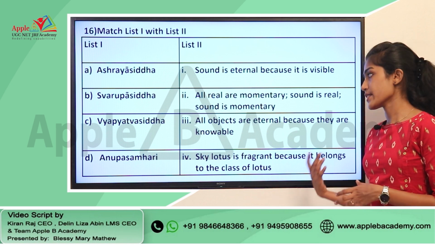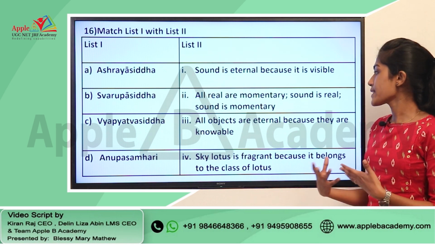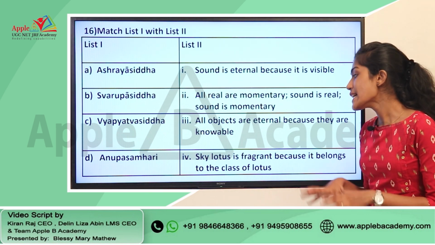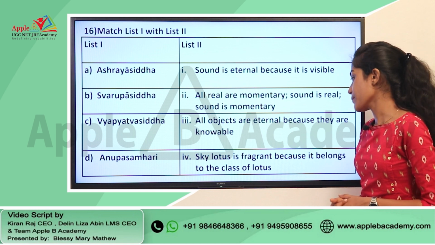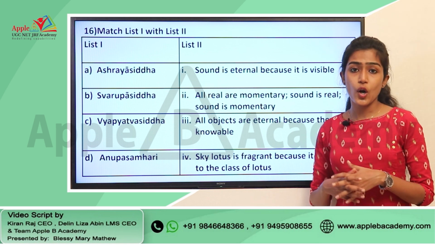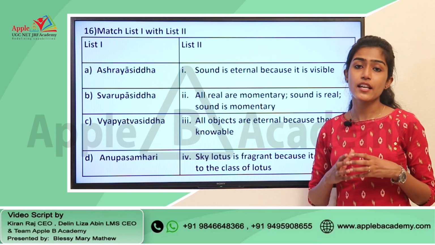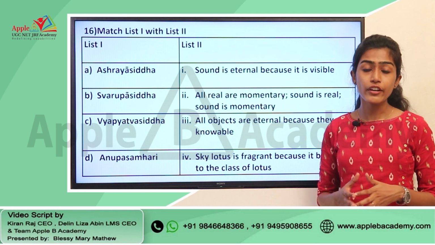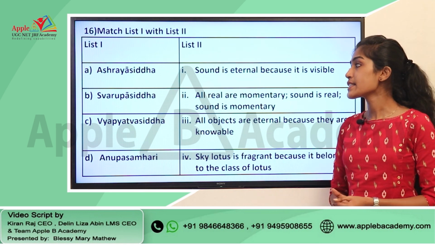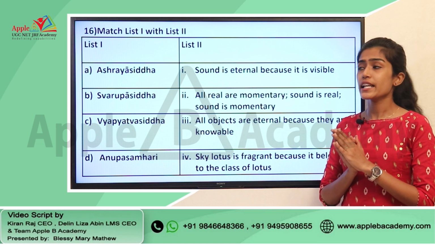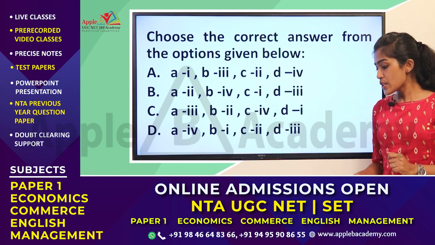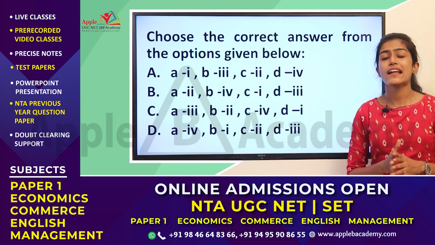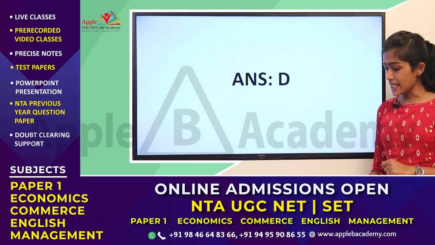Sound is eternal because it is visible, all real are momentary, sound is real, sound is momentary, all objects are eternal because they are knowable, sky lotus is fragrant because it belongs to the class of lotus. So, this is one of the most important areas from the module logical reasoning, particularly from Indian logic. So, this is based on the fallacies that we have discussed. So, we have to find out the correct options and match them, right. We have various combinations given here as well. So, the right combination or the right answer for this question is option D.